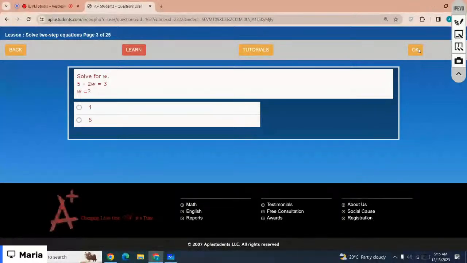Yes, the correct option is 1. Okay, the next one is solve for n.